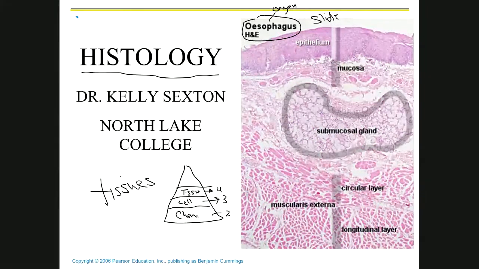If you go up one more, that's the organ level. And if you remember, an organ is made up of a bunch of different tissues. Well, the esophagus is an organ, and when you look over here, you'll see a bunch of different tissues. This tissue is different from this tissue, which is different from this tissue, which is different from these tissues, and so on.